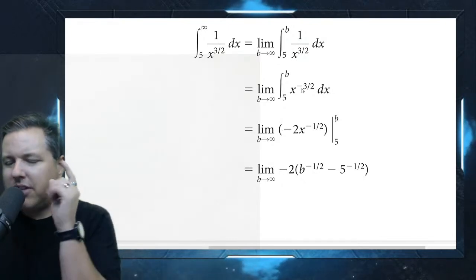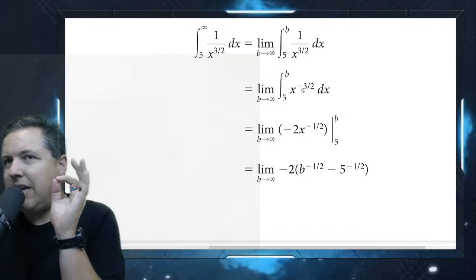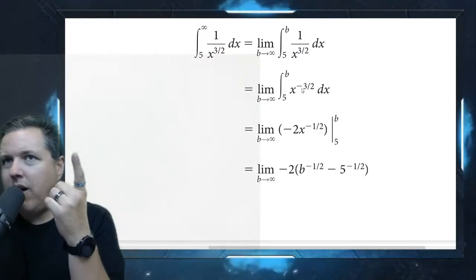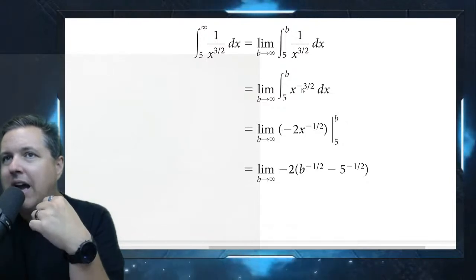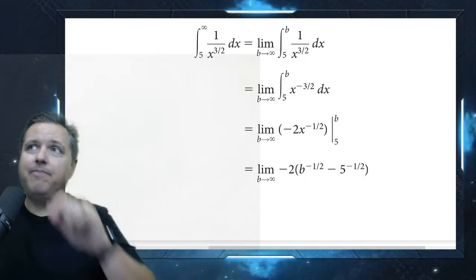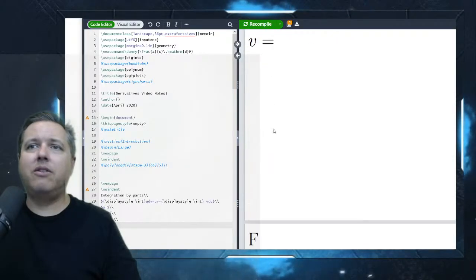So now we think about this. What do I do? I've got x to the negative 3/2. I want to increase the exponent by 1, and then I want to divide by that new exponent, right? We'll come back to this part later.